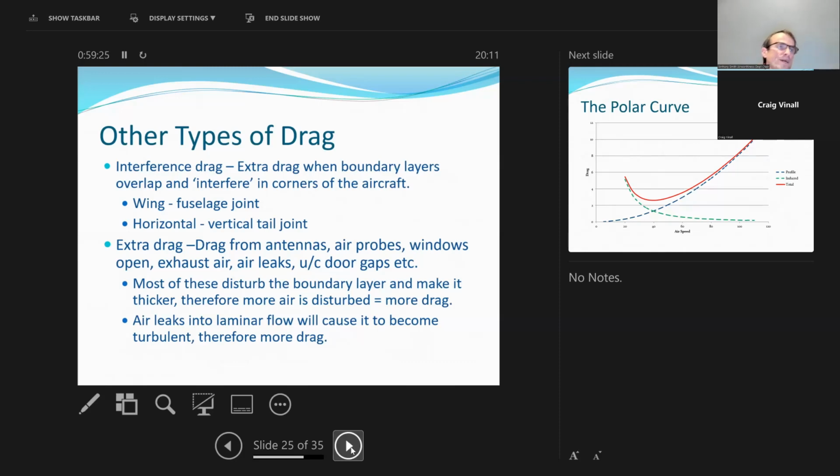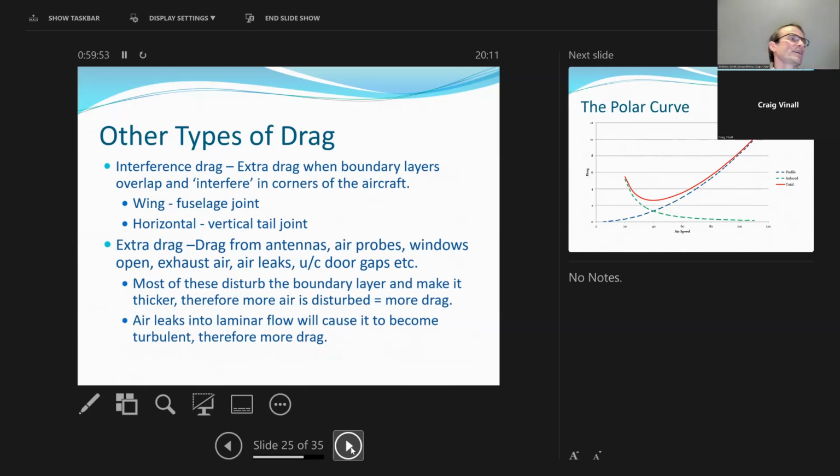Mathematically, if you were to take the wing separately and work out the drag for the wing, and the fuselage separately and work out the drag for the fuselage, and add those two together, the drag of the whole sailplane would be more, because you've got those corners on the airframe where you get the air affected by both surfaces. That's that extra little bit of drag you get there. The classic one being the standard label on the underside, where you've got the fuselage coming at quite an acute angle to the wing.